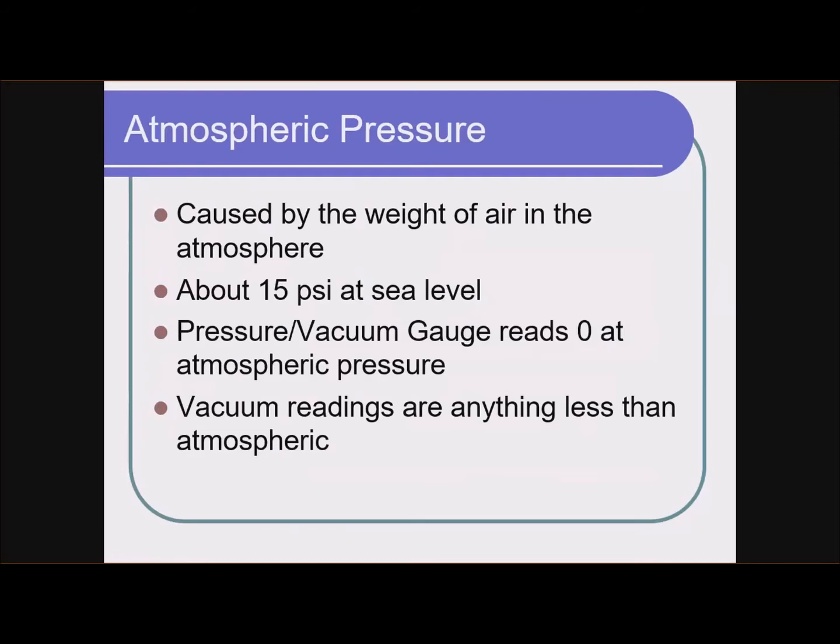The other thing that can change atmospheric pressure is the barometer reading. On a stormy day, atmospheric pressure is pretty low. It's really low in the eye of a hurricane or inside a hurricane. On a nice sunny day, the atmospheric pressure is probably much higher.